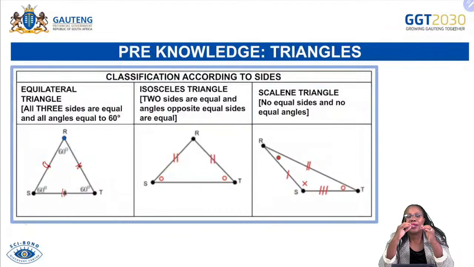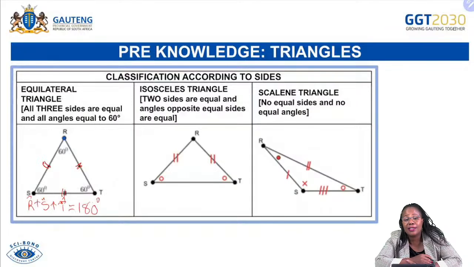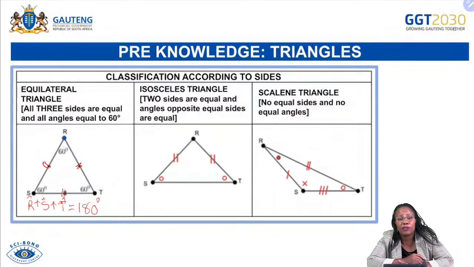Now, we know that the sum of angles of a triangle is equal to 180 degrees. So angle R plus angle S plus angle T is equal to 180 degrees. The reason is the sum of the interior angles of a triangle.